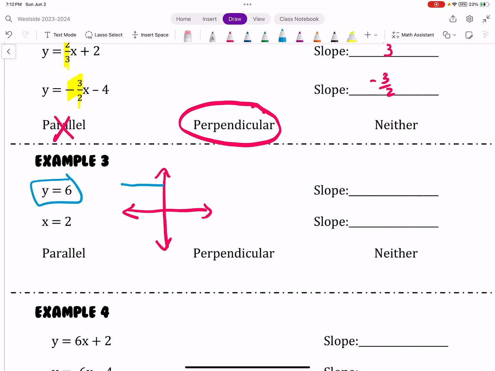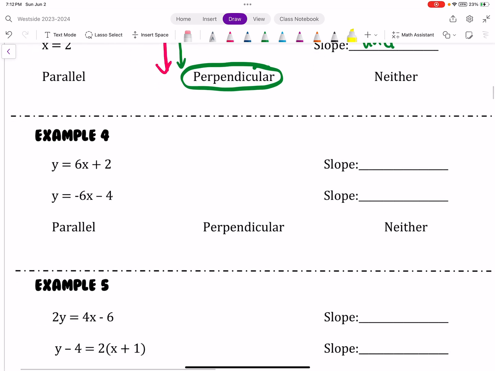That's going to be up here, and it's going to go horizontal, and so the slope of that would be 0. Then if I use green and do my x equals 2, that's going to be over here. It is a vertical line, so my slope is undefined. Those do cross at a 90-degree angle, so those are still perpendicular even though we don't have the straight slope in those.